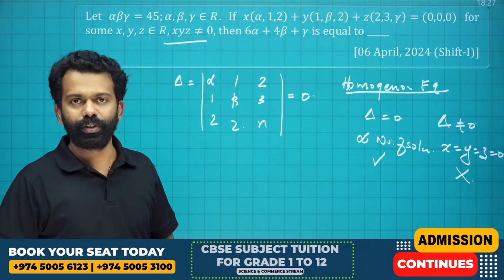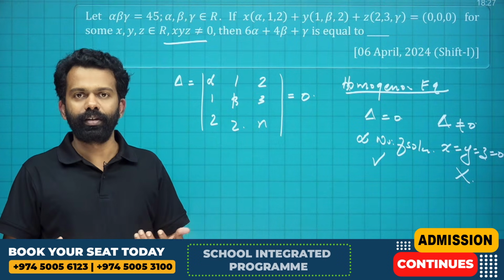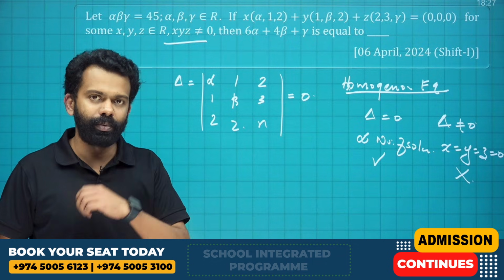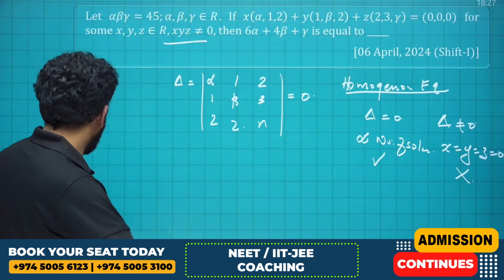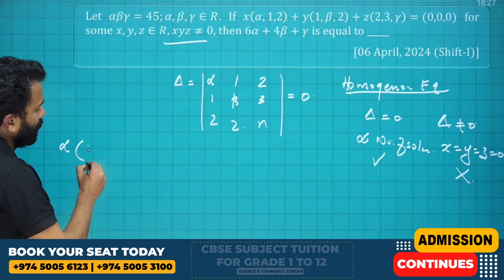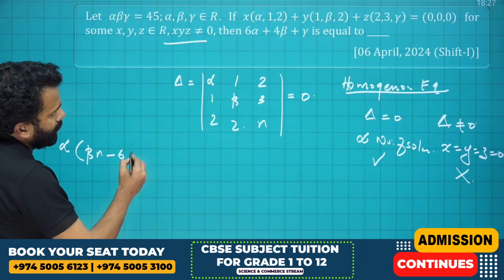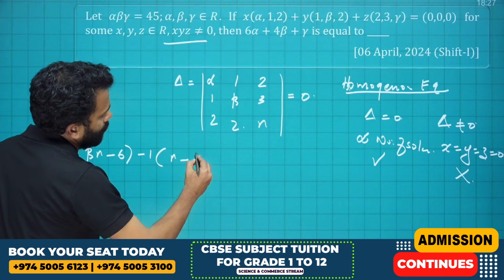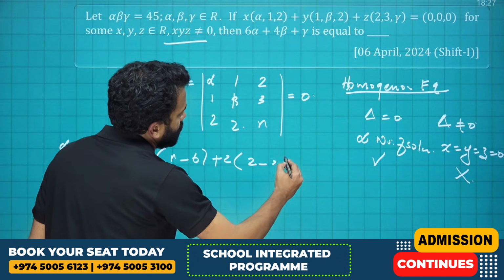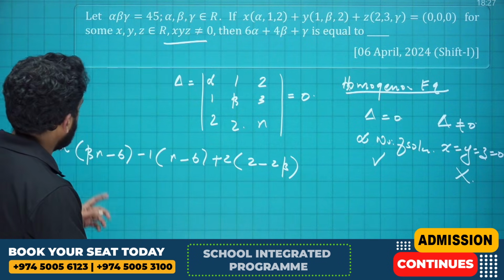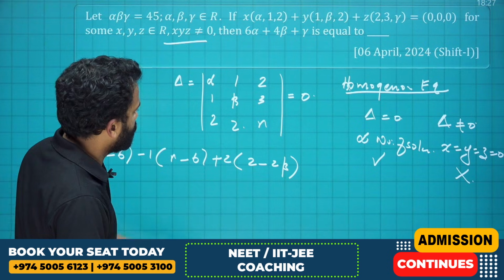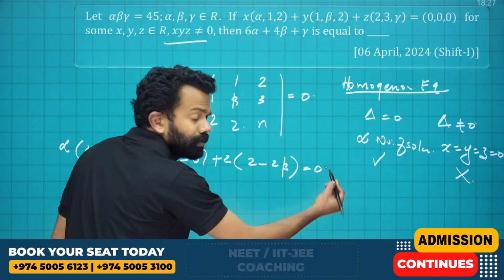See, for these types of questions, we only have one option left. What is that? To expand the determinant. Okay, so let's try to expand the determinant. Starting from here, alpha into beta gamma minus 6, minus 1 into gamma minus 6, plus 2 into 2 minus 2 beta, which is equal to 0.